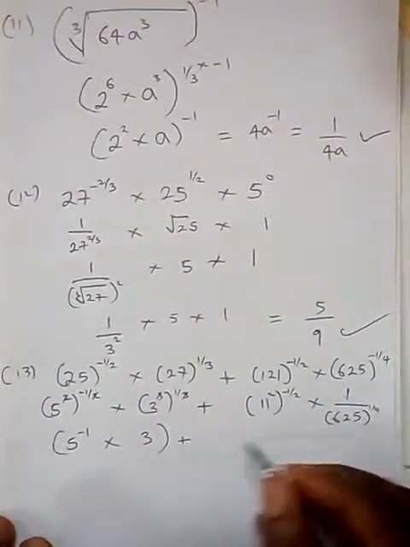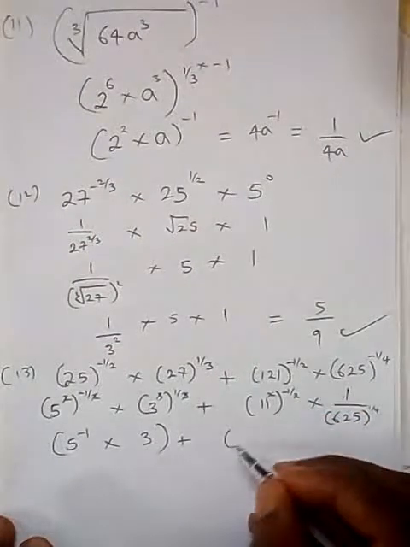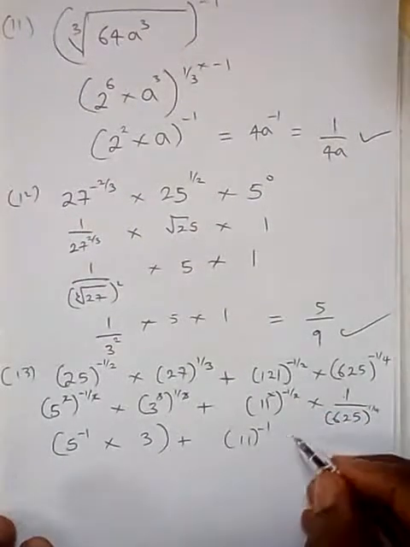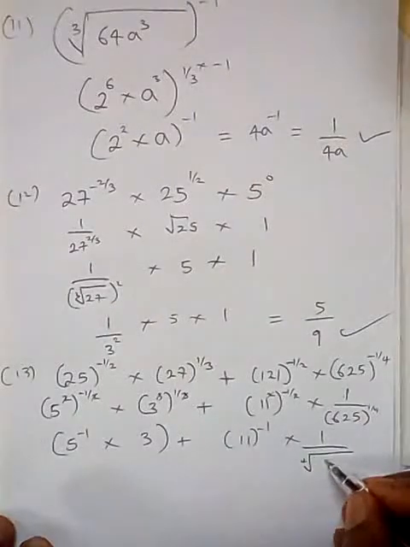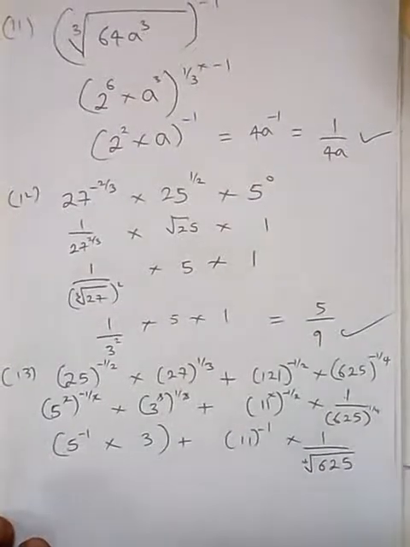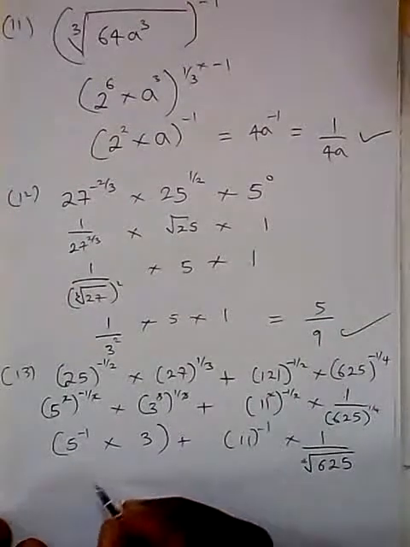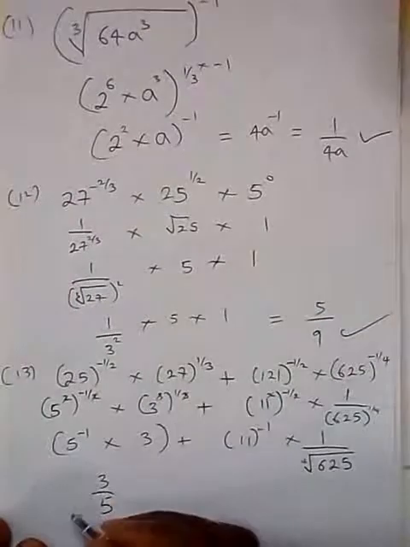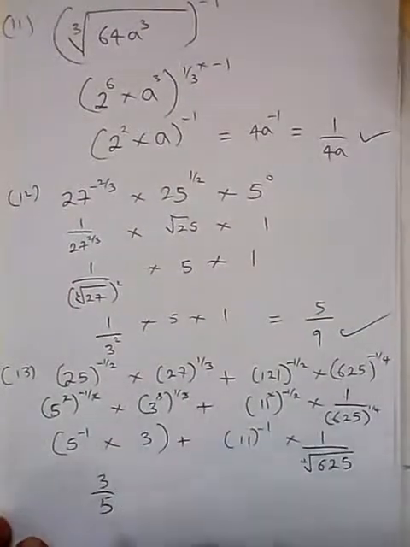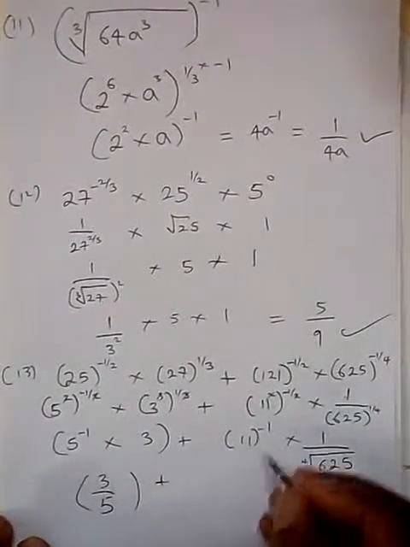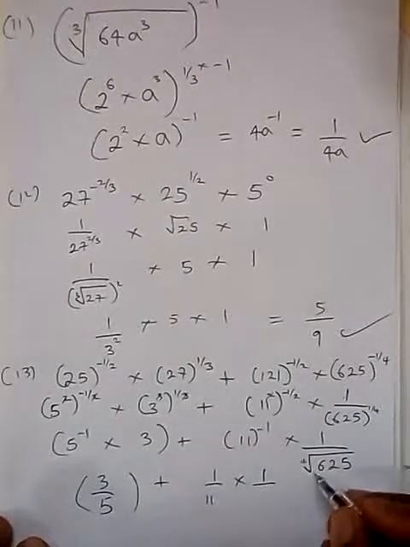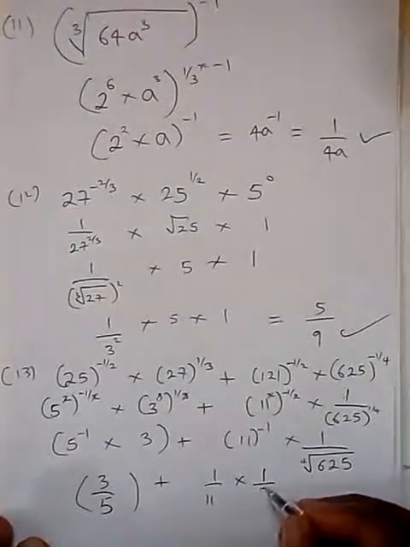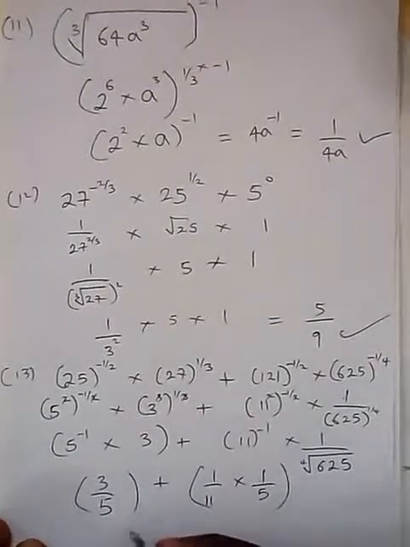Plus this cancels this to give us 11 raised to power minus 1 times the fourth root of 5 to the 4. So this is 3 over 5. You get it? 3 over 5 plus 1 over 11 times 1 over the fourth root of 5 to the 4, which is 5.